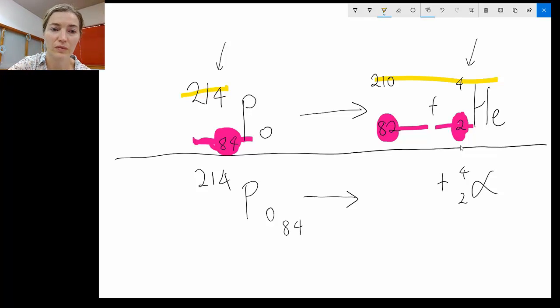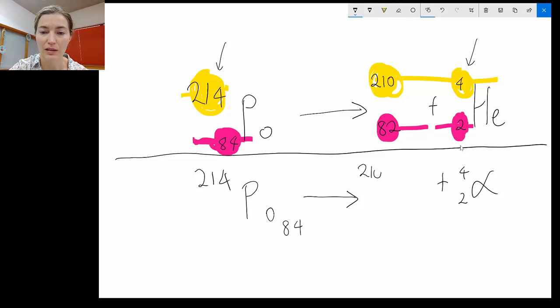And you could do the same. We could do the same over here. So we've got 4 plus 210 equals 214. Now the last thing that we need to do, so we can write it again down here, is figure out which element has 82 protons in it, and that is lead. Just looking at the periodic table.